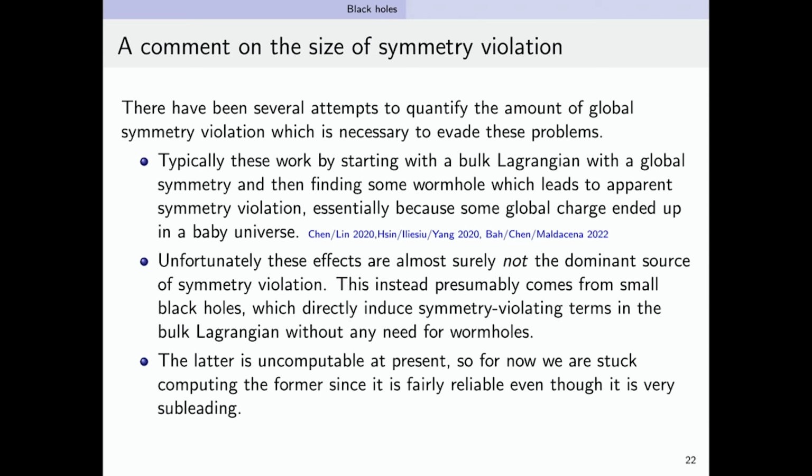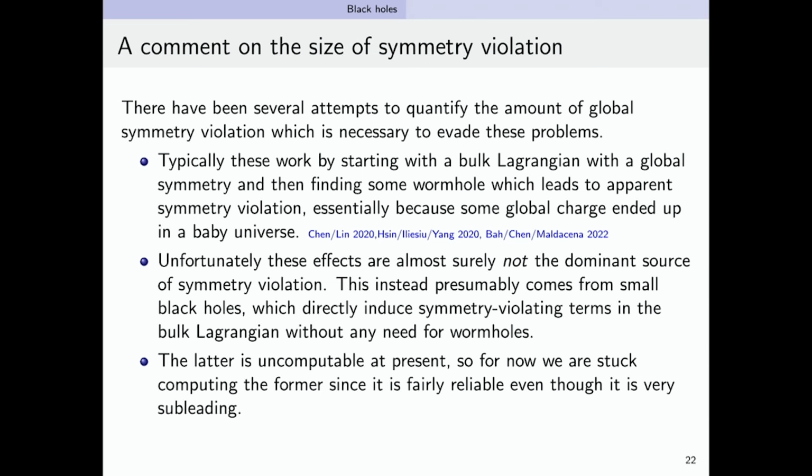Then there's a question of the things suppressed only by e to the -1/g effects in string theory. We don't really know the size of those effects, though we can approximate it. And if g is not small, which it probably isn't in the real world, those should be suppressed by 1 over the Planck scale to some power.